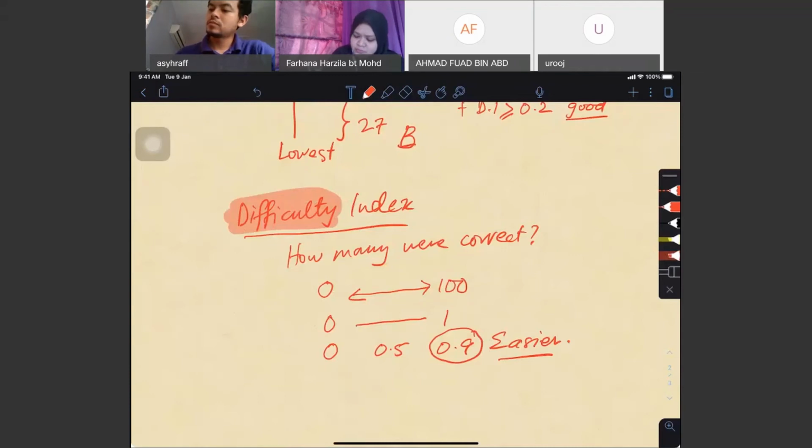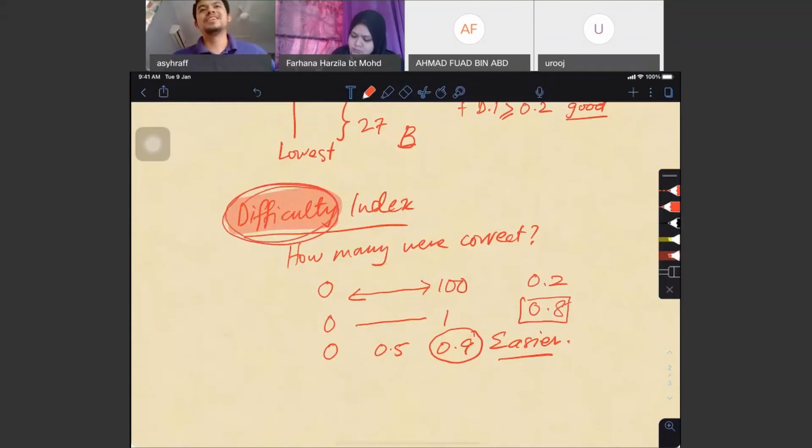So if you get a question with a difficulty index of 0.2 and another one is 0.8, which one is easier? 0.8. So you might get confused, because here is difficulty index, you might think that the higher the number, the more difficult it is, right? So please remember the definition, therefore you won't get confused. The lower the index, the more difficult is the question.